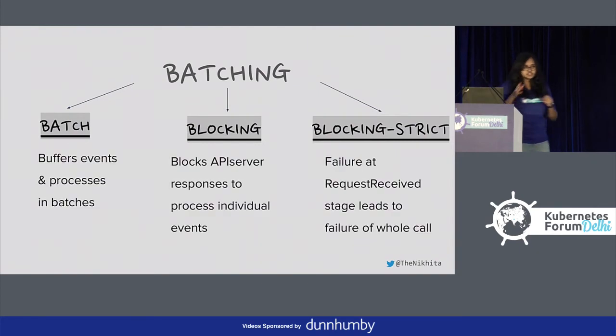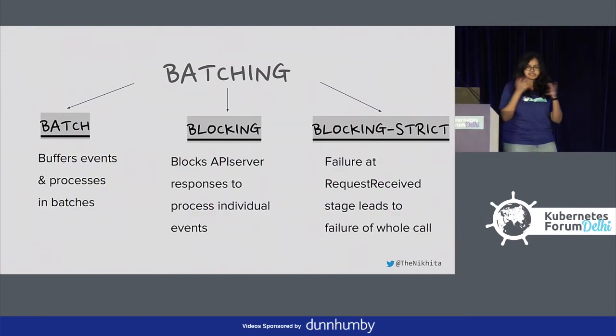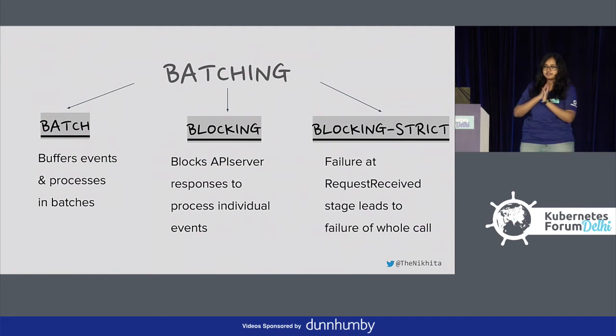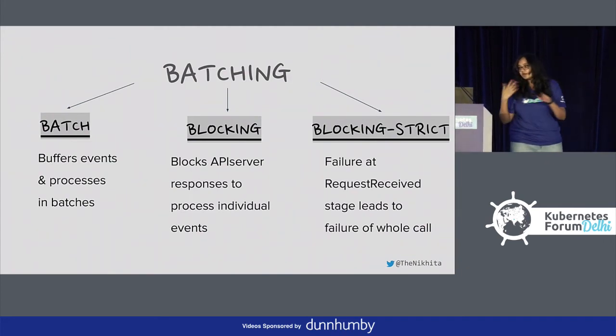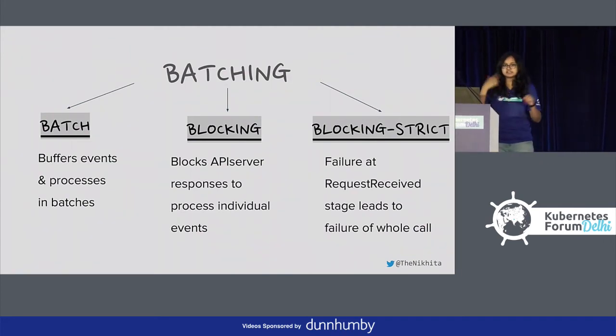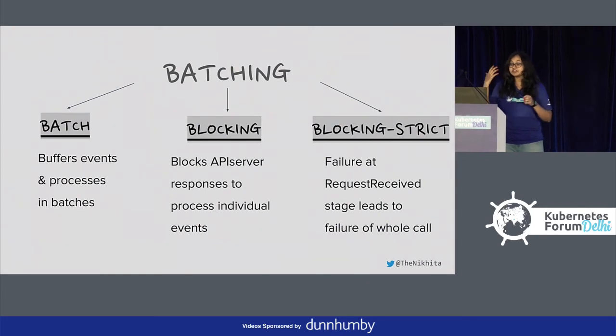The batch method is, as the name suggests, the logs or the events go in batches. The blocking method sends individual events, and the blocking strict method, if there is a failure at the request received stage, so there's a failure at the first stage, whenever the request is received at the API server, it leads to the failure of the whole call.